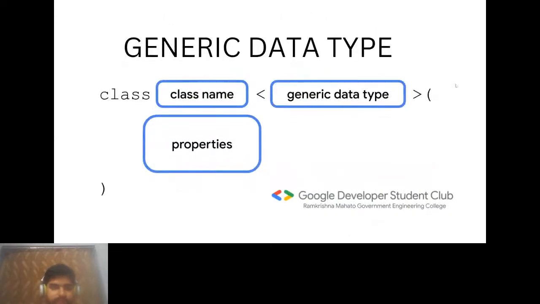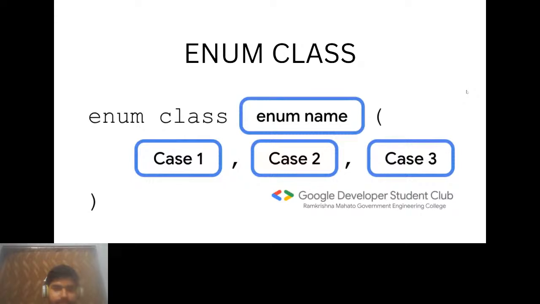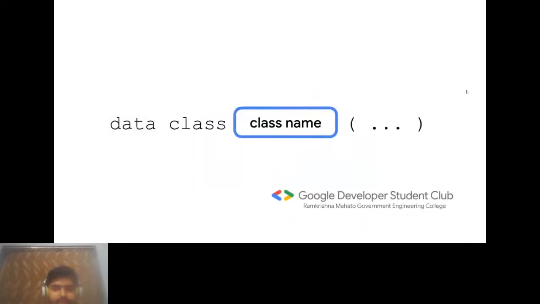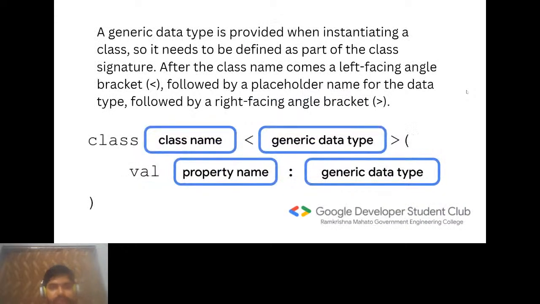So just get back to the generic data type and the slide just next after it. No, no, the previous slide. Yeah, that's that. So a generic data type is provided when instantiating a class.